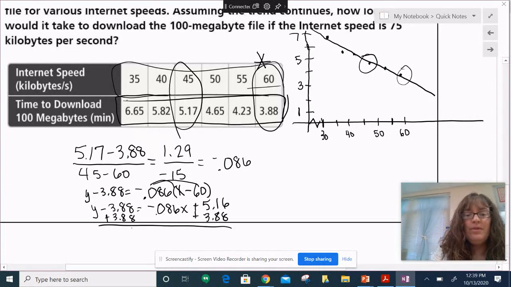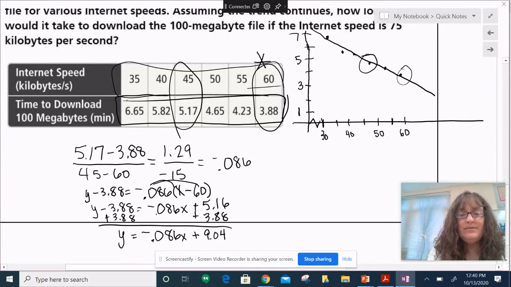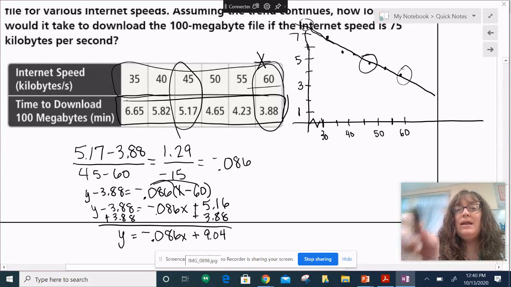And I end up with an equation of y equals negative 0.086x plus 9.04. So I'm asking myself these questions again. Do I have a negative slope? Yes, I do. Does it seem reasonable that my line would be crossing up here at 9? Yes, that seems reasonable.